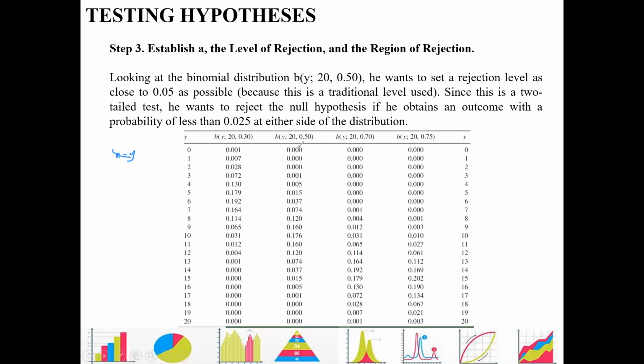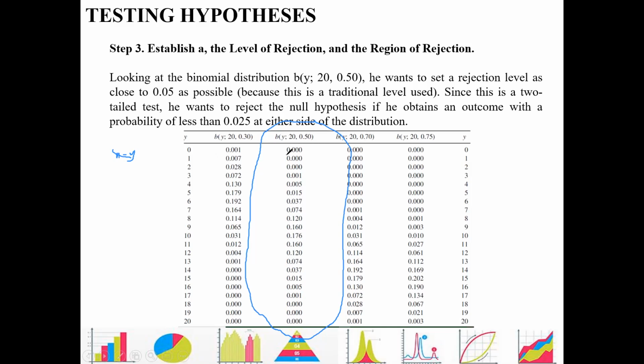And based on the distribution table, ang titignan na natin ay itong part na to. So since hanggang 20 tayo, ito yung ating hahanapin na region of rejection. So sabi niya dito, he wants to reject the null hypothesis if he obtains an outcome with a probability of less than 0.025 at either side of the distribution.